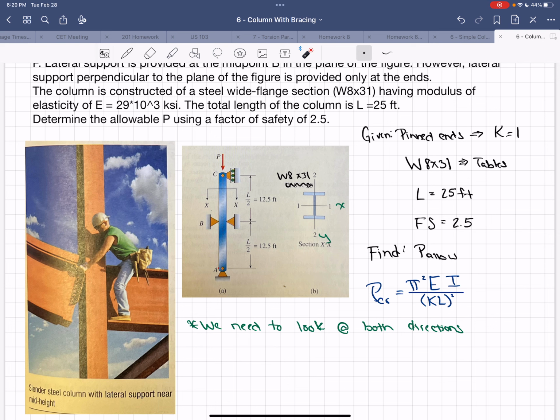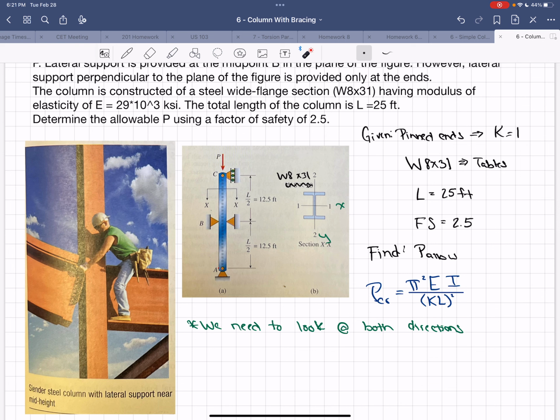We have the flange facing us, and the web along the plane of the page. When we're bending around X, that's when we'll be using the whole length.